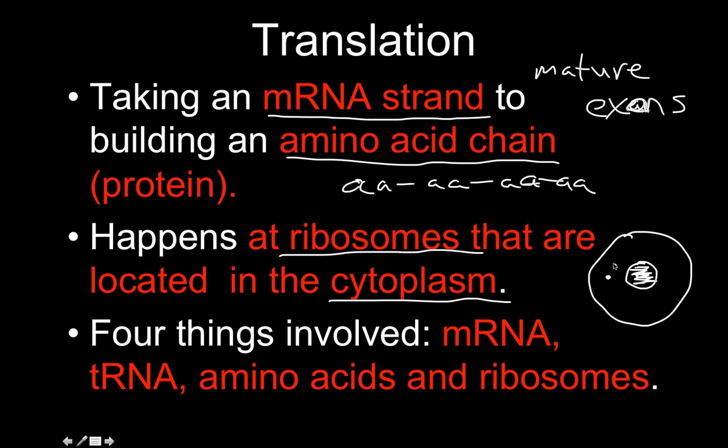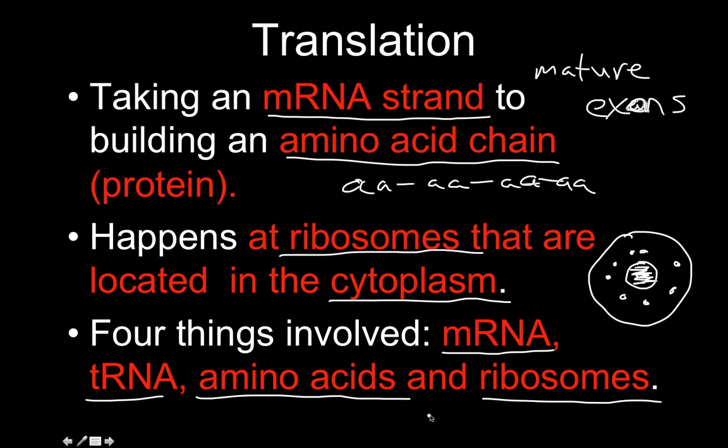So we might have a ribosome here and here and here. There's a bunch of them all throughout the cytoplasm. There's four main things that are involved in translation. Obviously, our mature mRNA, tRNA, which we'll talk a little bit more about in a minute, amino acids that come together in a chain to form our proteins, and then it all takes place on the ribosomes.